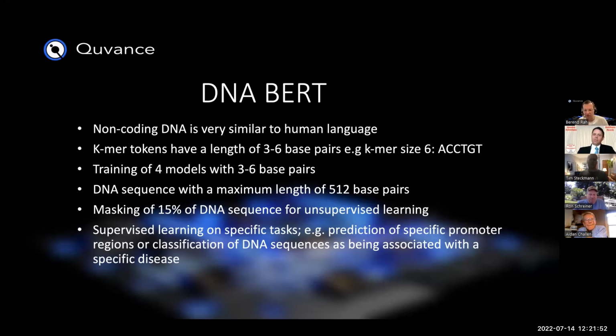Once you've done this, you have pre-trained your model, and you can now start looking for an actual prediction task. That could be that you compare a specific disease, where you may have a group of people who are perfectly normal. That would be a reference DNA. And then you might have a group of people with a specific condition. Then you could train the DNA BERT on making predictions, where you first do the training on the top layer.